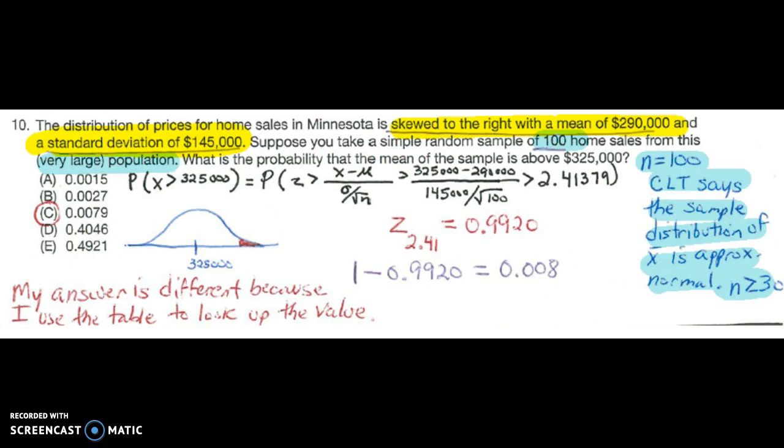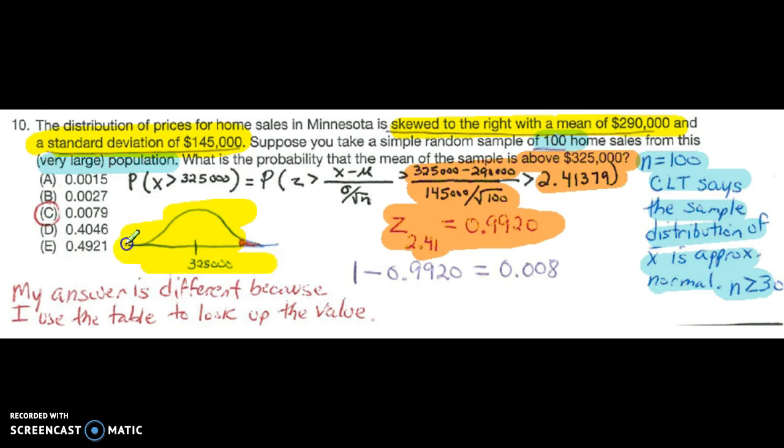So they want to know what is the probability it is above 325,000. So that's my observation minus my mean divided by my standard deviation over the square root of 100. That is my z-score. I look up my z-score, and that's the probability I get.